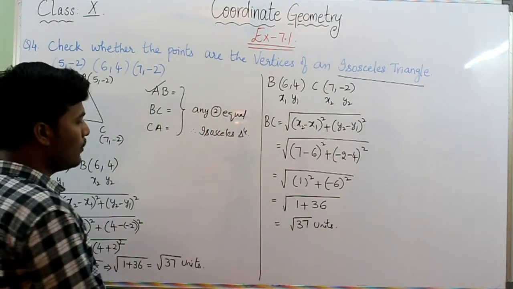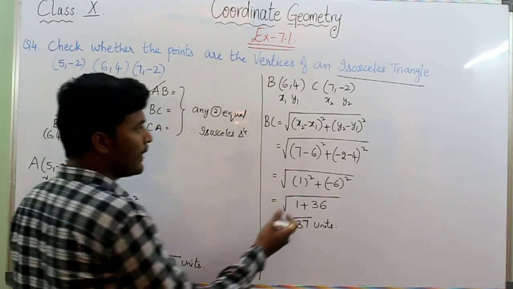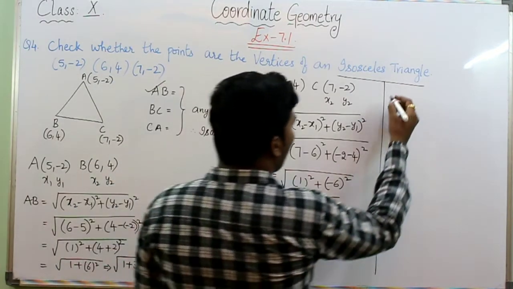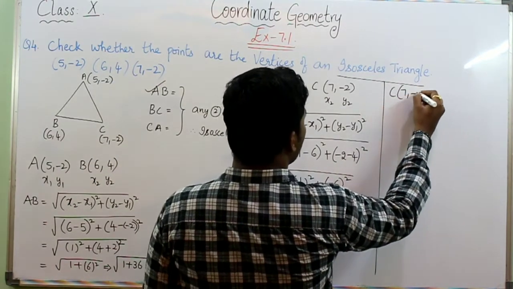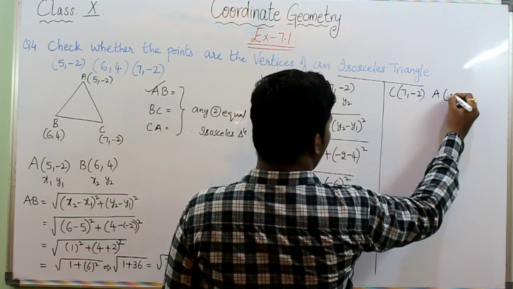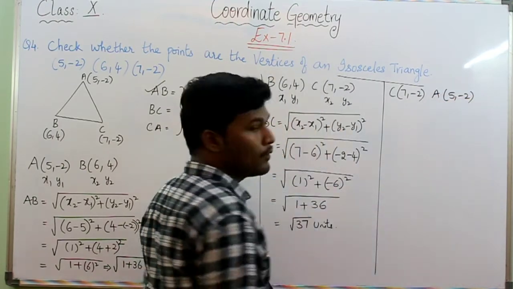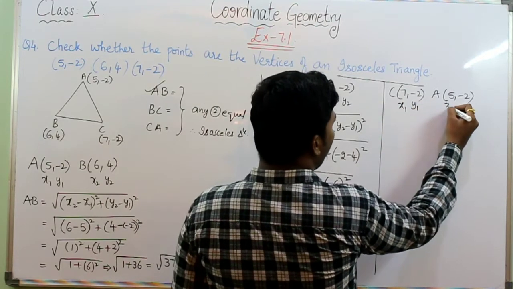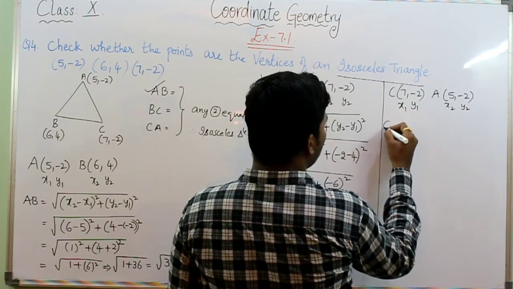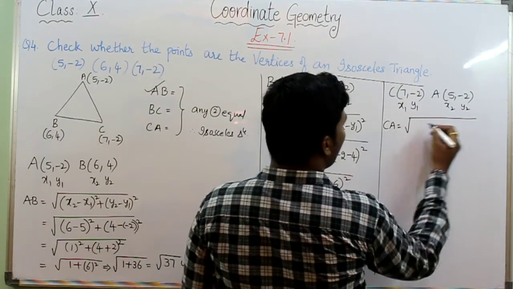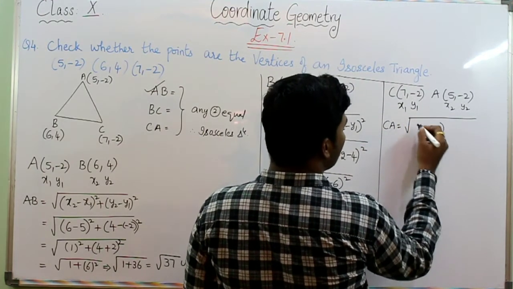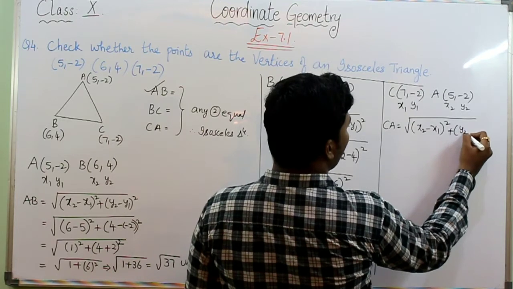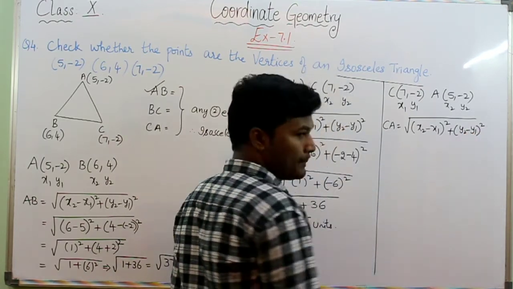But don't conclude the sum here. Find CA also. The C point is 7, -2 and A point is 5, -2. Again, name these as x1, y1, x2, y2. Now CA is given by square root of x2 minus x1 whole square plus y2 minus y1 whole square.